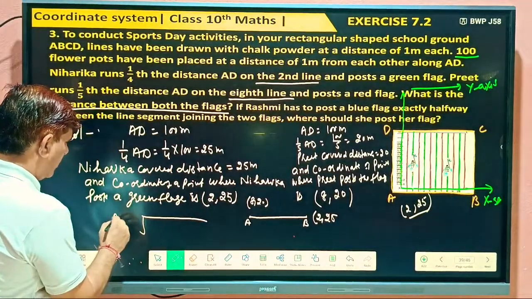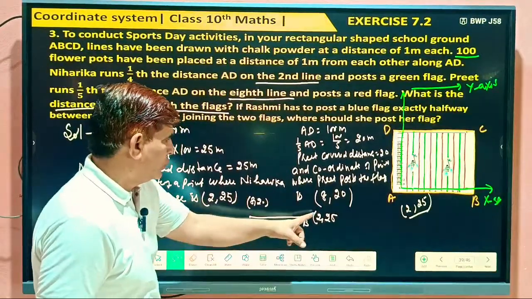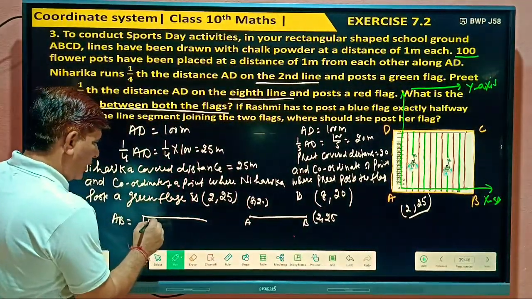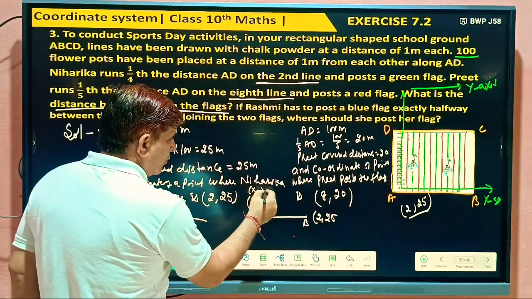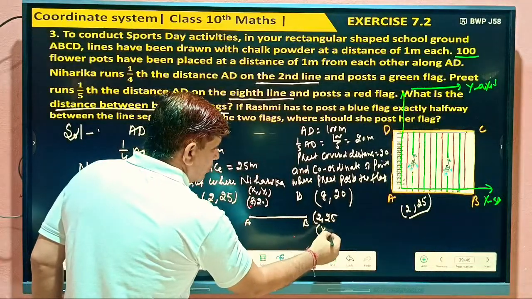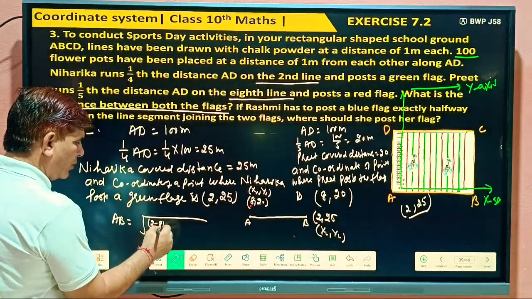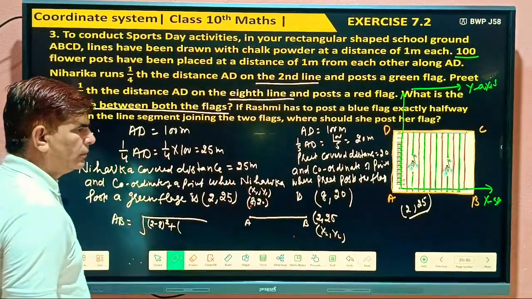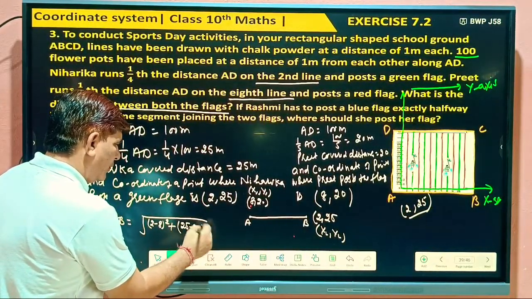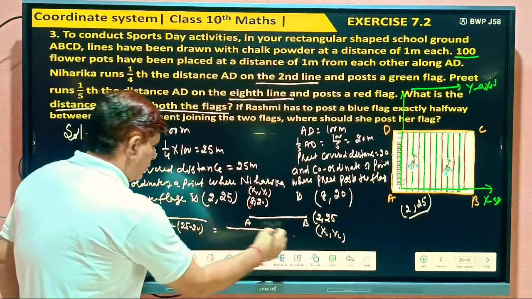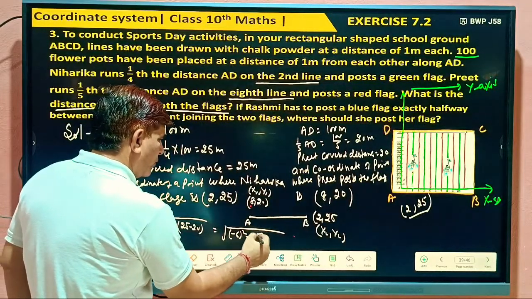So AB equal to 2 minus 8, x2 minus x1. This is x1, y1, these are x2, y2. Formula: x2 minus x1, 2 minus 8 whole square plus y2 minus y1, 25 minus 20, is equal to minus 6 whole square plus 5 whole square.